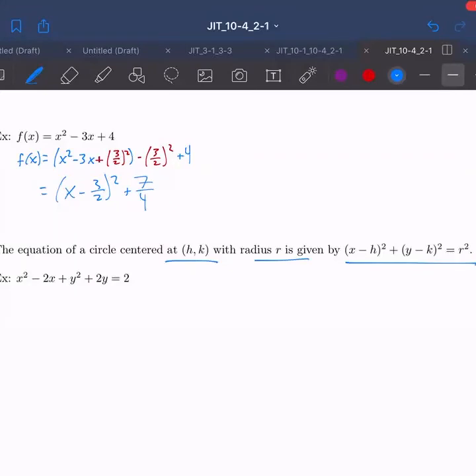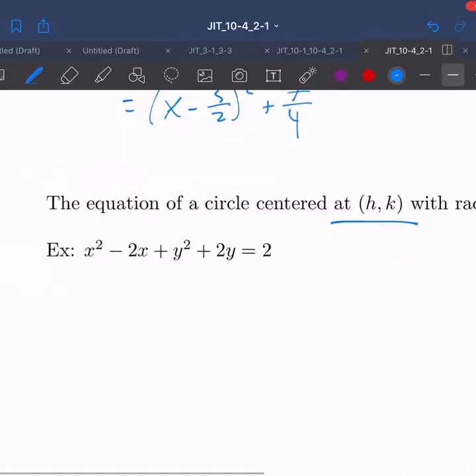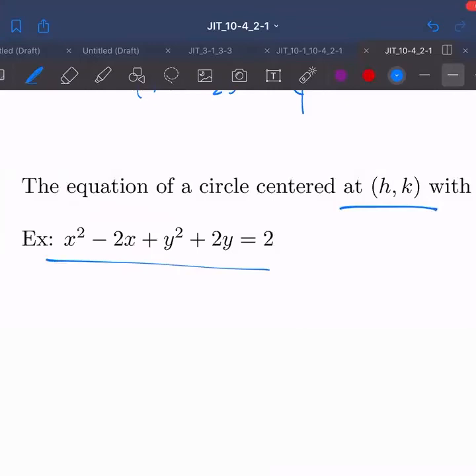The way these questions will be worded is they'll give you an equation and ask where this circle is, or to complete the square to find the radius and center of the circle. In this case, you'll have to complete the square twice, once for the x terms and once for the y terms.